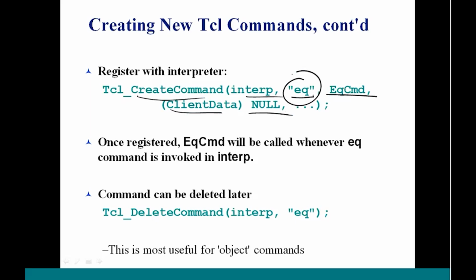We are basically binding eq to EqCmd, so that if you just type eq, the interpreter knows that it needs to call the command. We can also delete the command through another function, which is Tcl_DeleteCommand. So Tcl_CreateCommand creates the shortcut, and Tcl_DeleteCommand will delete it.